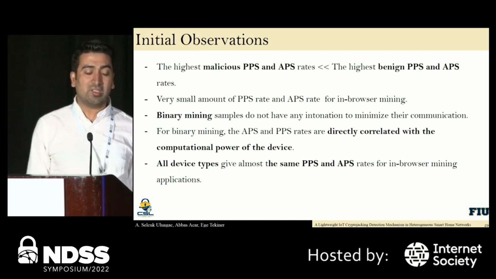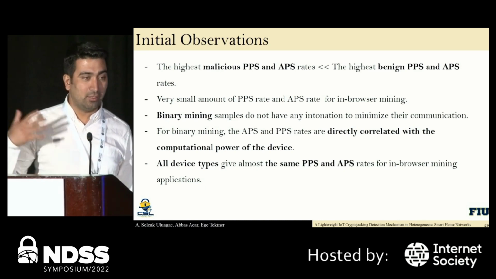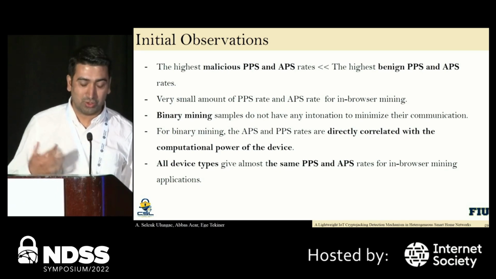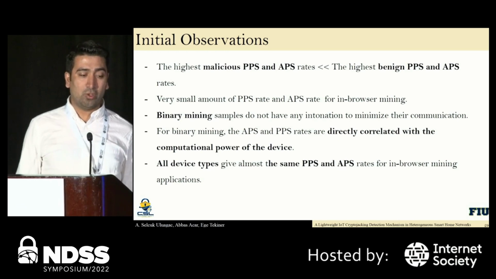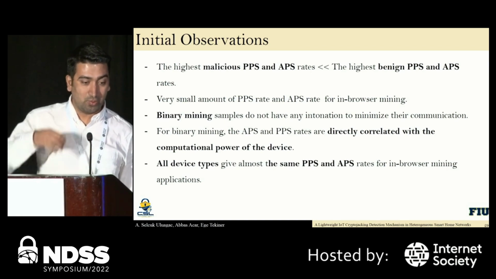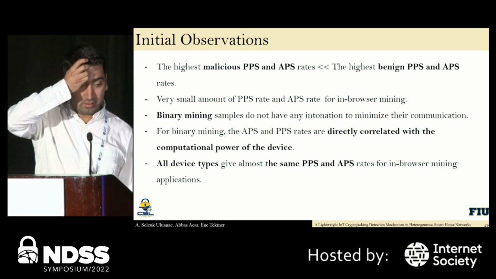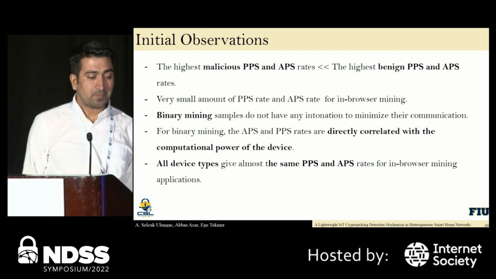This shows that the malicious samples are trying to hide the communication and minimize it. On the other hand, for in-browser mining, the PPS and APS rates are very small compared to the binary mining samples.